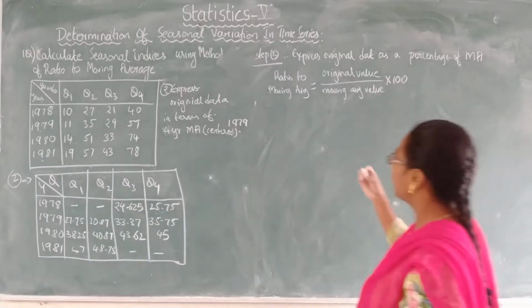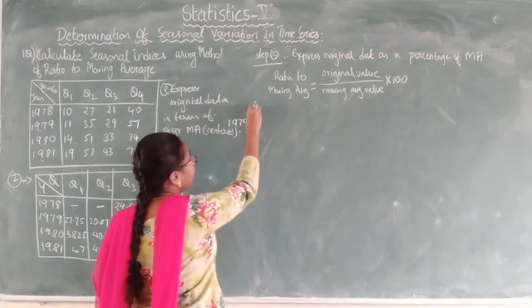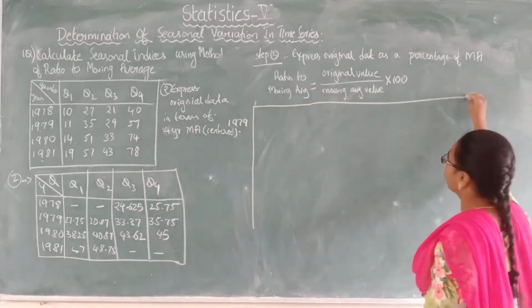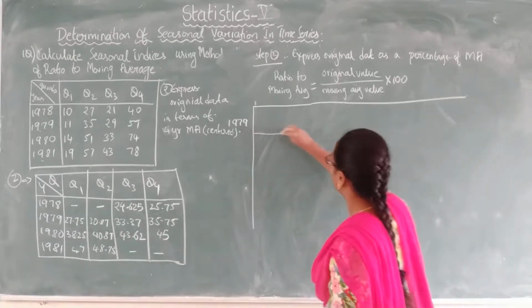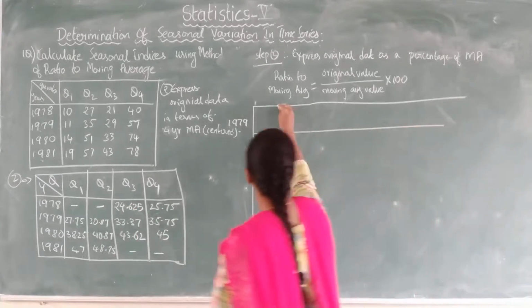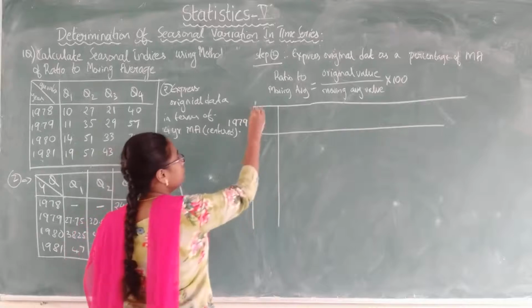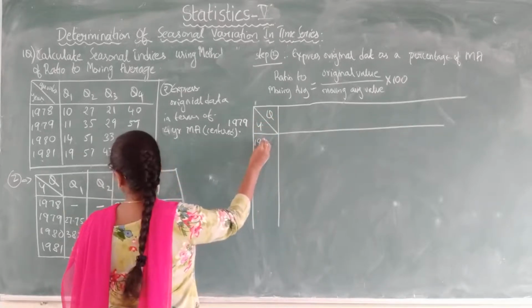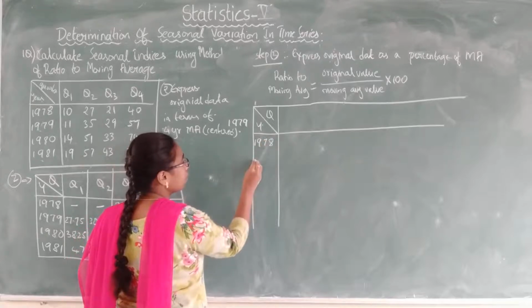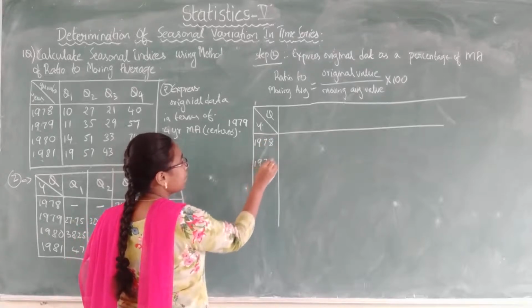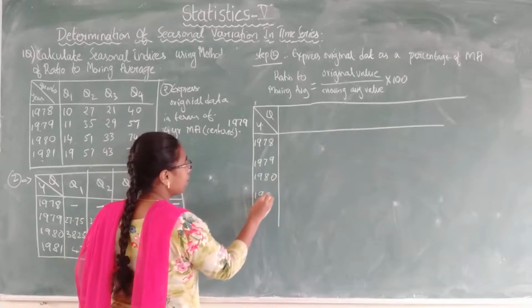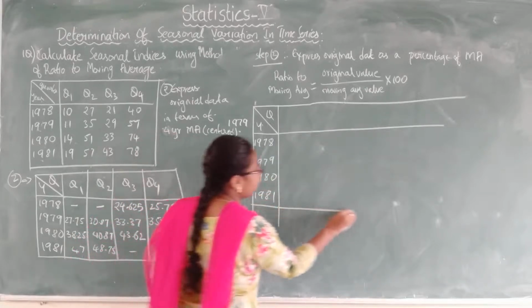So how will you find this? Draw one more box. 1979, 1980, 1981.